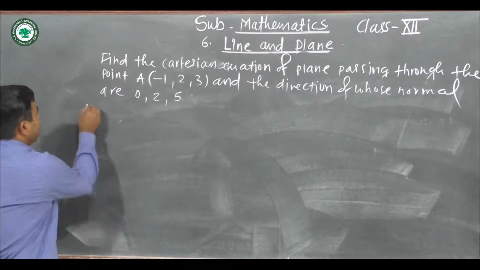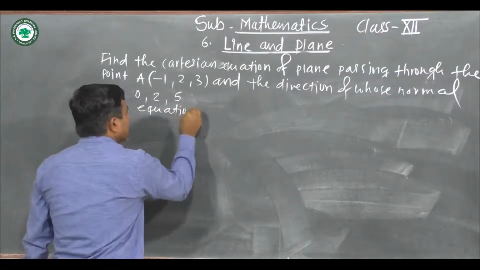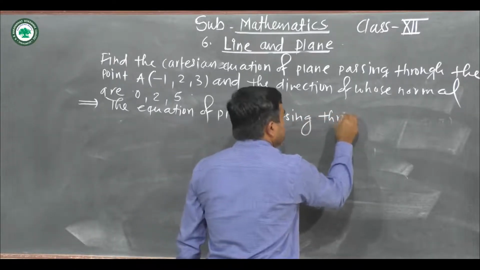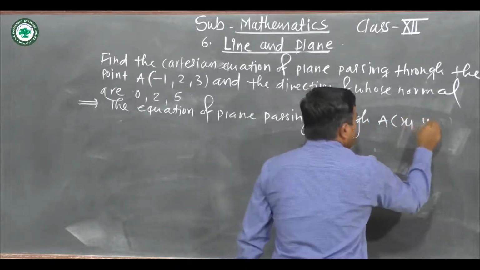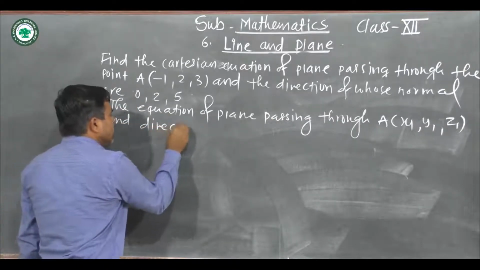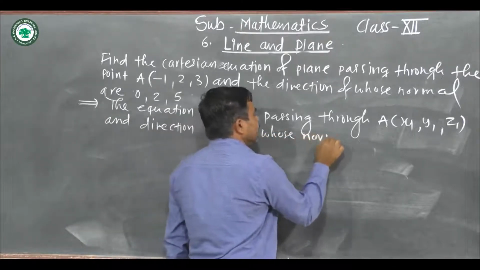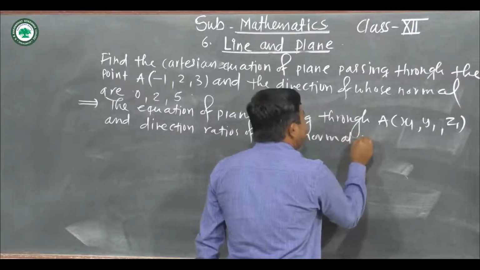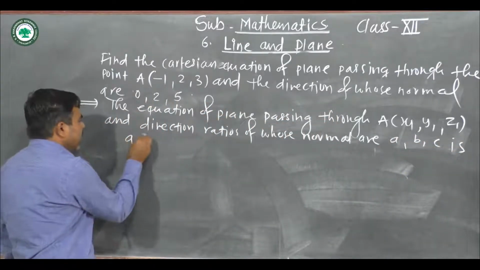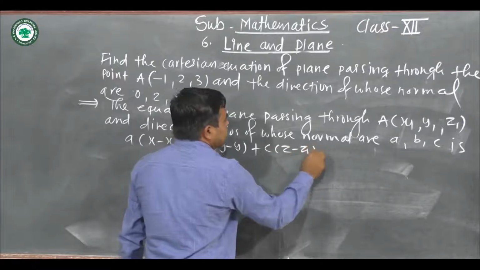We know that the equation of the plane passing through the point A (x1, y1, z1) and direction ratios of whose normal are A, B, C is A into x minus x1 plus B into y minus y1 plus C into z minus z1 is equal to 0.